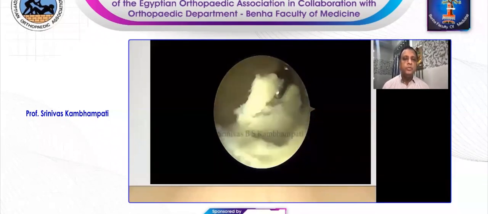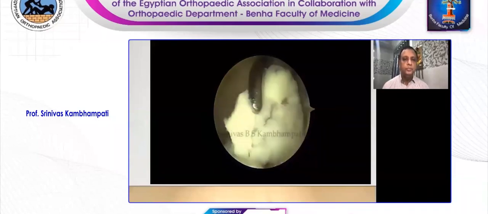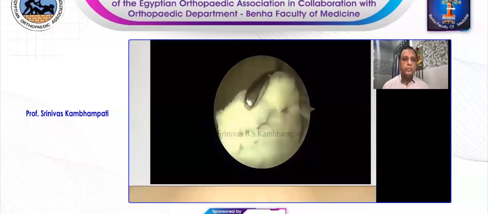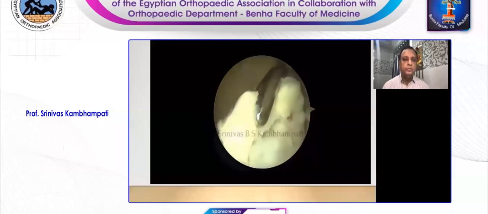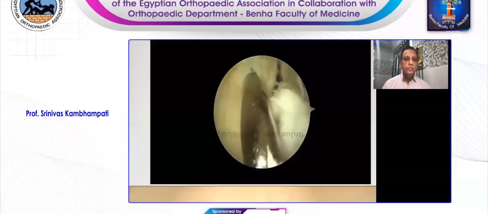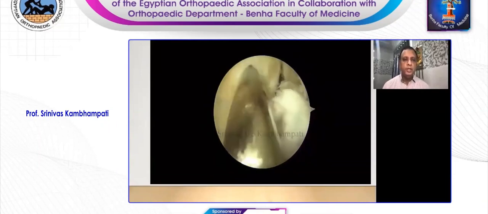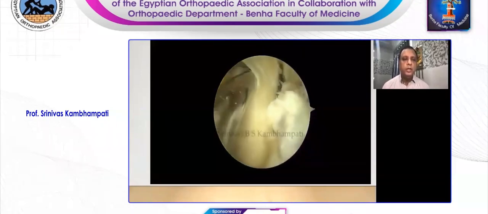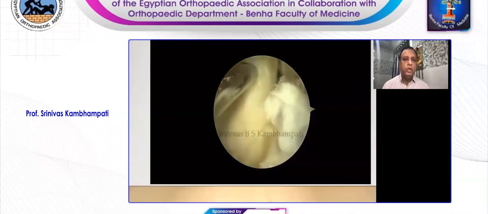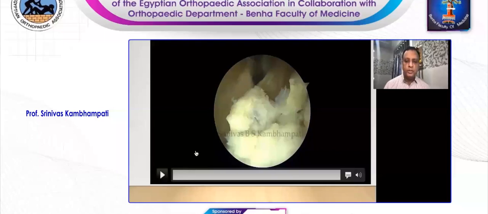It was difficult to remove every piece of that, so whatever we could remove, we removed. We made another second portal into the posteromedial compartment, one to hold, the other one to remove the fragments.